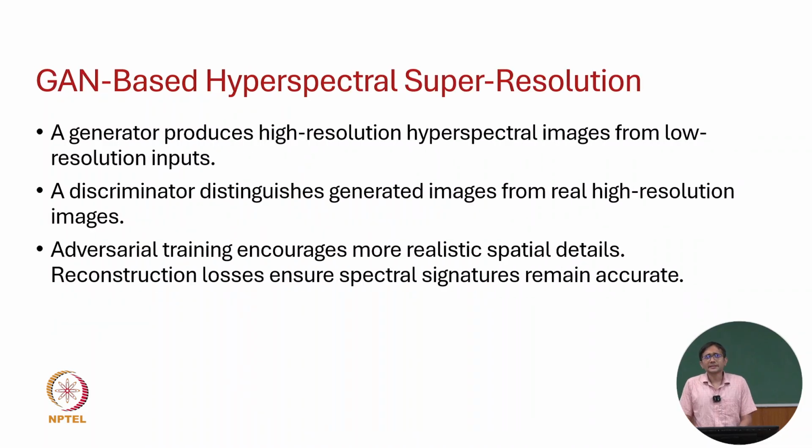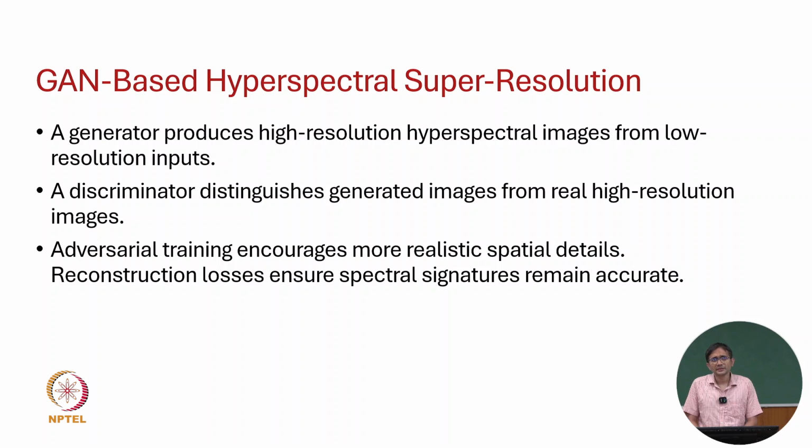Again, generative adversarial network can be used for hyperspectral image super resolution, where a generator produces high resolution hyperspectral images from low resolution inputs.